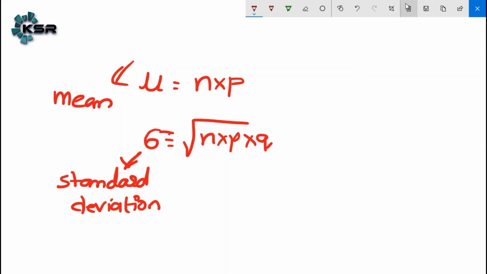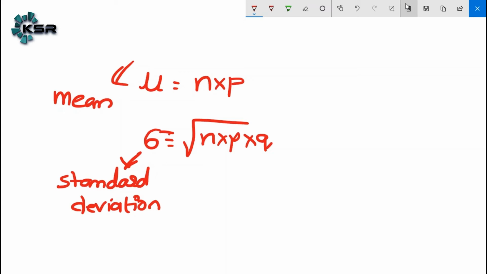Mu is equal to n into p, where n is the number of trials and p is the probability of success. Sigma is equal to the square root of n into p into q, and that is the meaning of sigma.